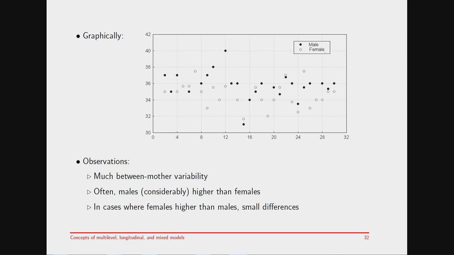And then what you see is that for some of the mothers, we have only one symbol. Like for mother 3 here, there's only a bullet, so that means this mother did not contribute any daughters to that database. For example, here, number 19, there's only a circle, so there are no sons from that mother in this database.